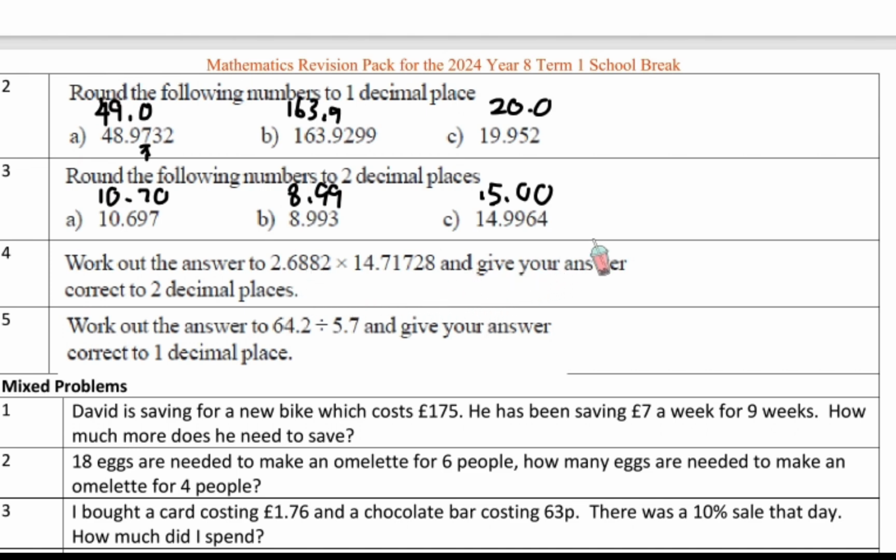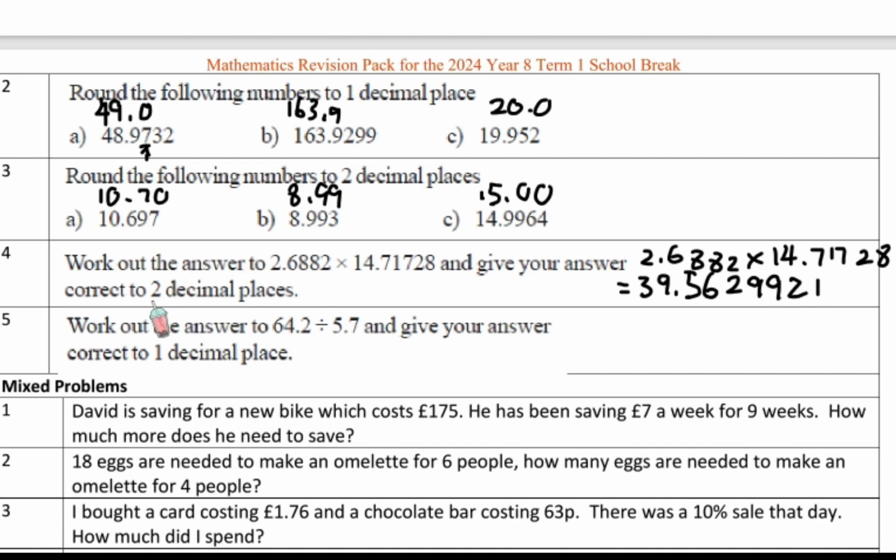Work out the answer to 2.6882 multiplied with 14.71728, and that will be 39.5629921.